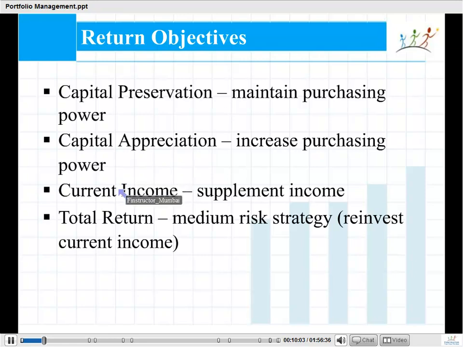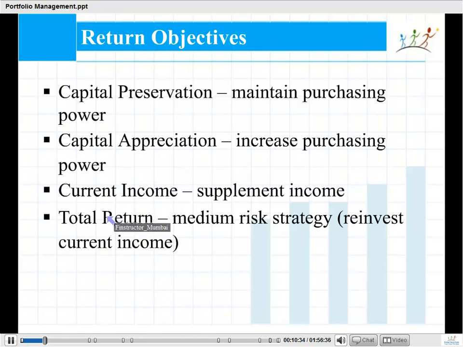Current income return requirement means that the portfolio is used to supplement the living expenses of the client. So the income from the portfolio is very important because he is living on that income. So a current income requirement will be met by investing more in high dividend paying stocks, fixed income securities, instruments that give income, that give dividends, that give cash flows in the interim, which the client can use to meet his living expenses.